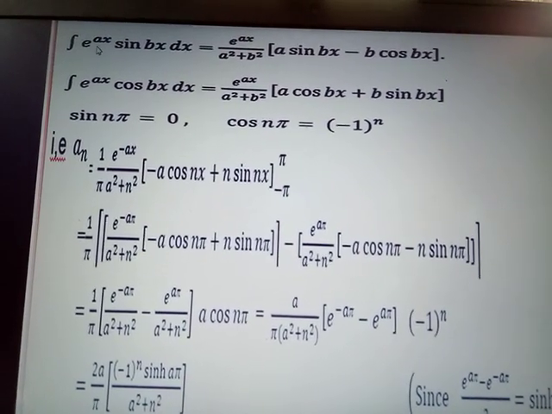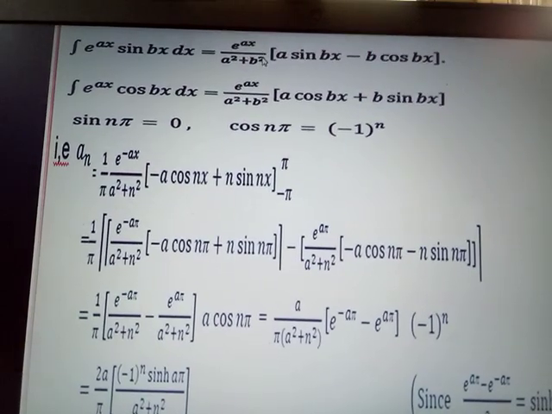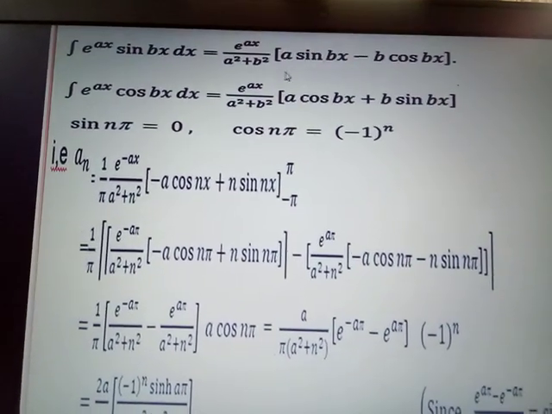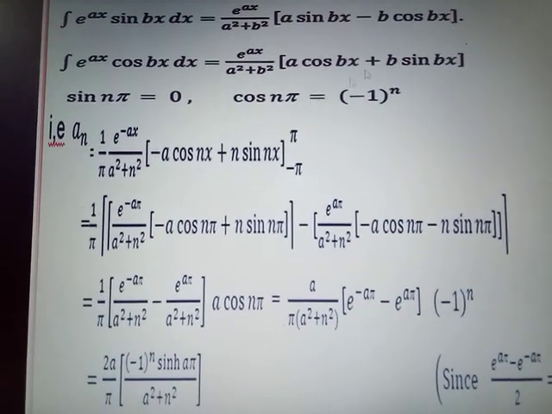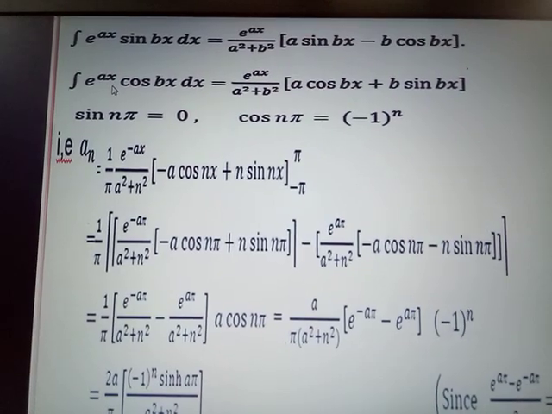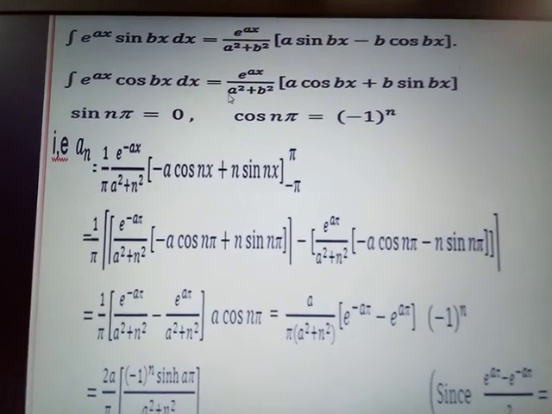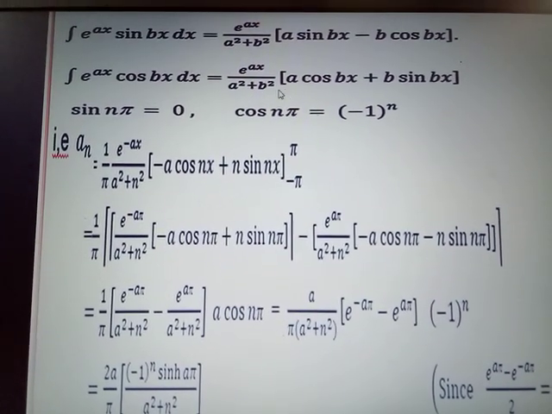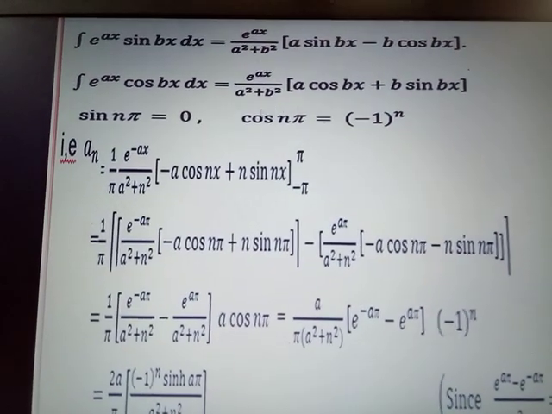Integration of e^(ax) sin bx dx is e^(ax) divided by (a² + b²) into (a sin bx - b cos bx), and integration of e^(ax) cos bx dx is equal to e^(ax) divided by (a² + b²) into (a cos bx + b sin bx).